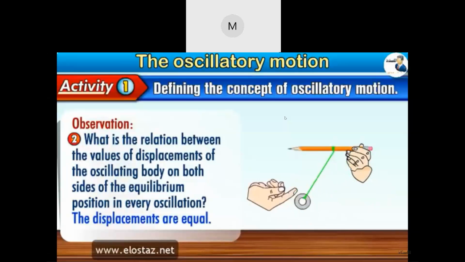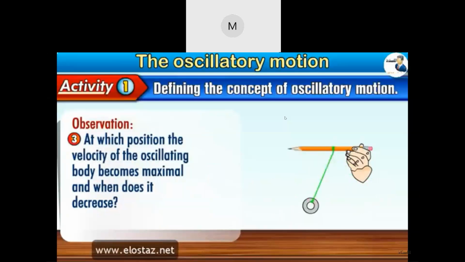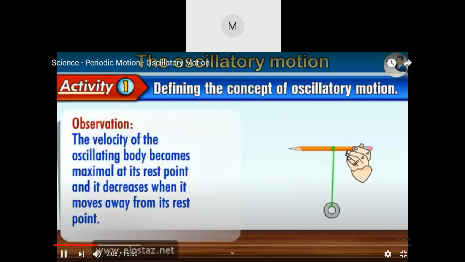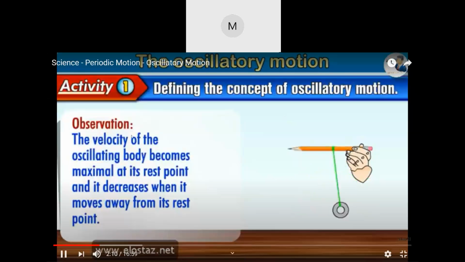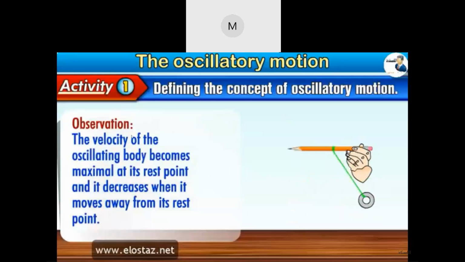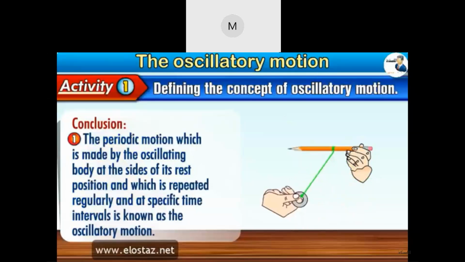We notice that the displacements are equal. Number 3. At which position does the velocity of the oscillating body become maximal, and when does it decrease? The velocity becomes maximal at its rest point, and it decreases when it moves away from its rest point.